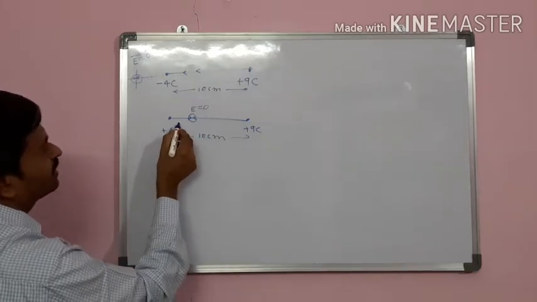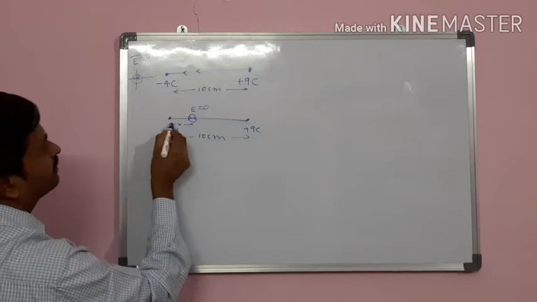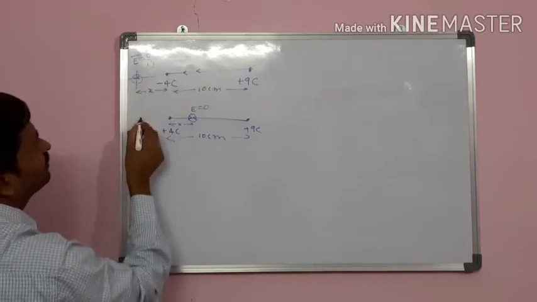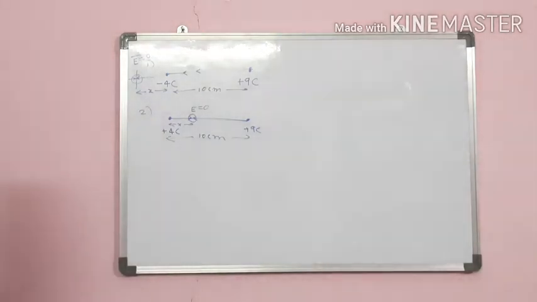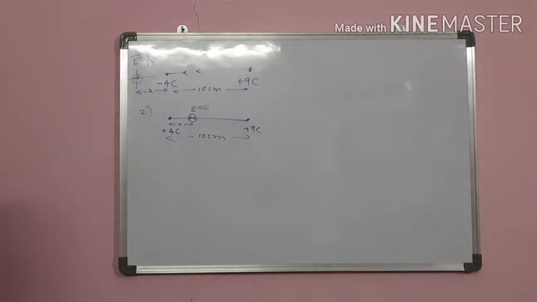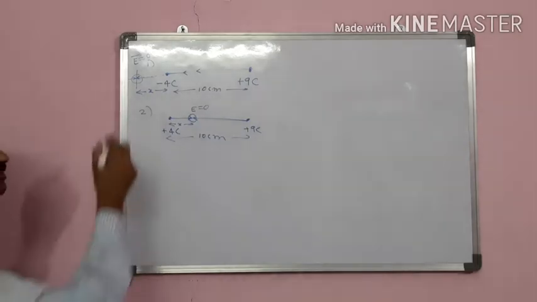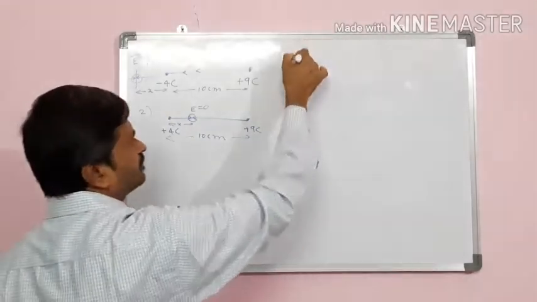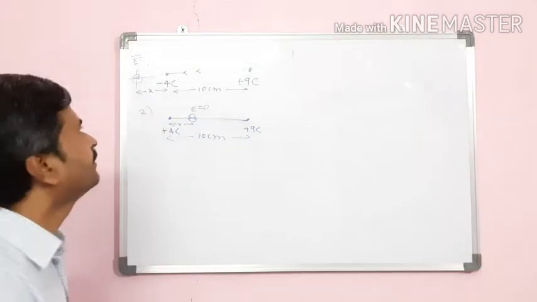Now the question is, at what distance the field becomes 0? This is case 1, this is case 2. In two cases we need to solve. You know, in general method you can solve easily, right? So usually this is outside, this is inside. Now after solving, use the same method.